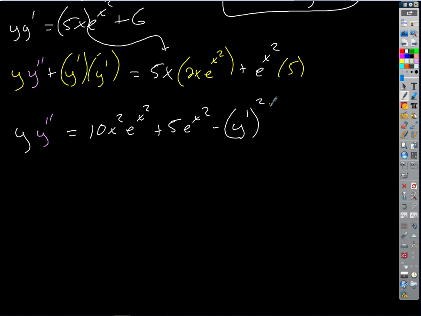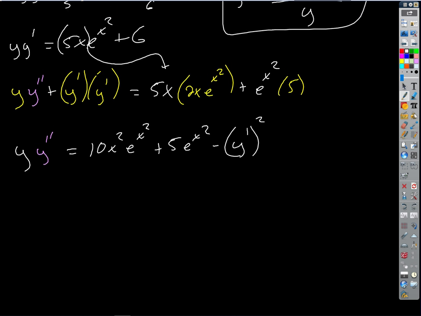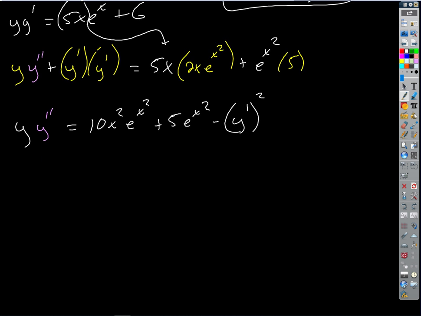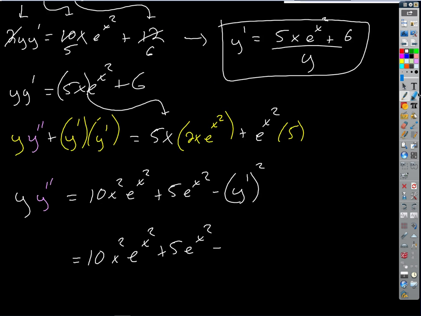Let's go ahead and just replace the y prime with what it is. And so that becomes, if I square that out, what am I going to get? So on the top, I'm going to get the quantity 5x e to the x squared plus 6, squared. On the bottom, I'm just going to get a y squared, right?